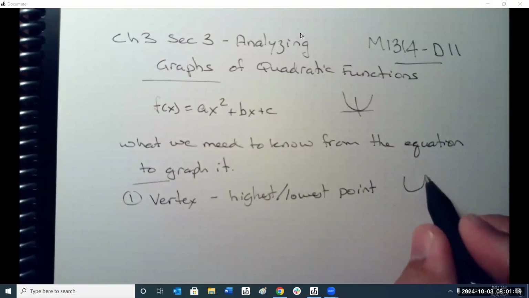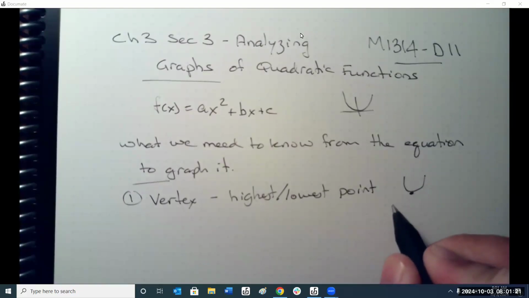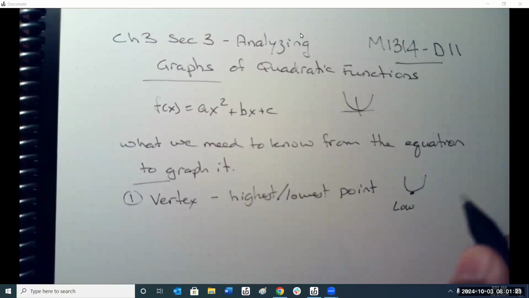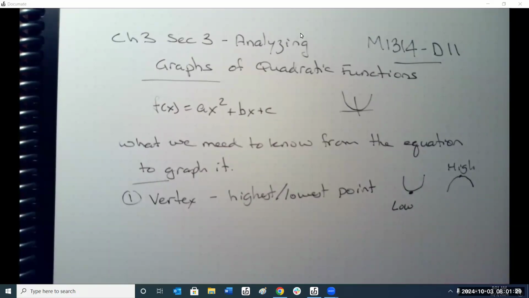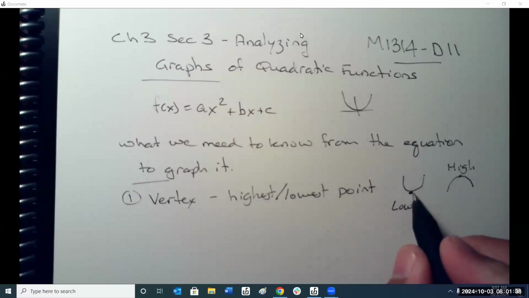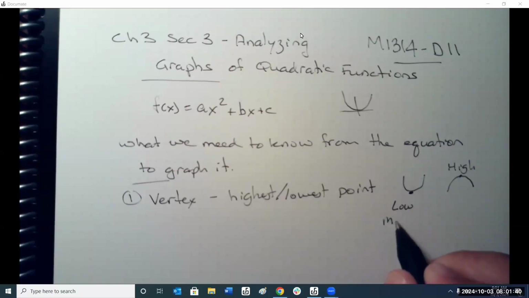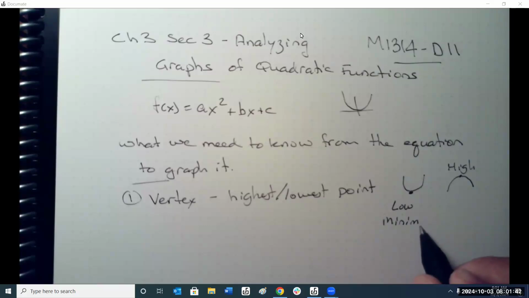If it looks like this, we have the lowest. If it's like this, it's the highest, which we talked about in last chapter. We're talking about local maxima, local minima. Since this is the lowest, this is a minima.